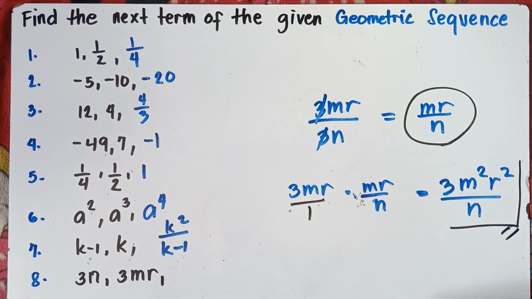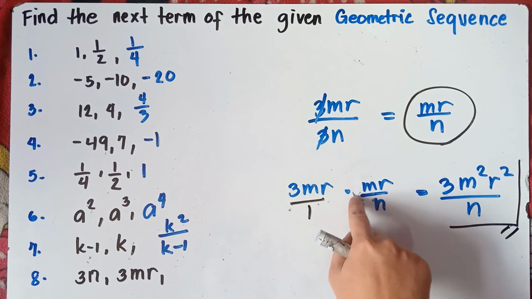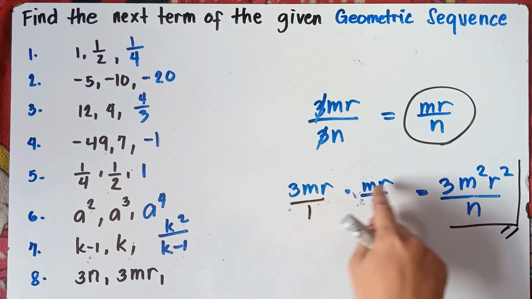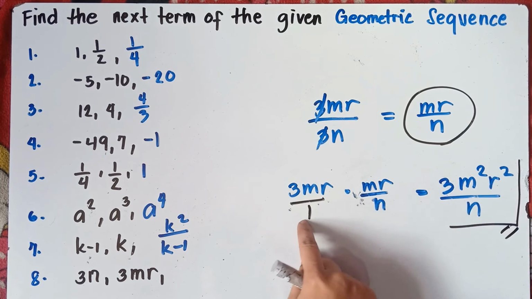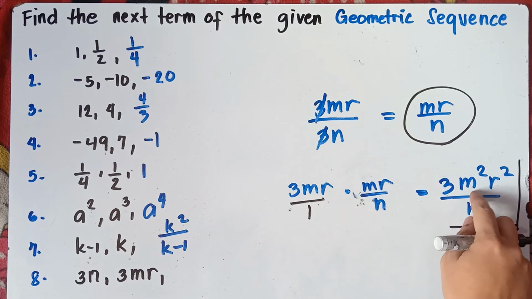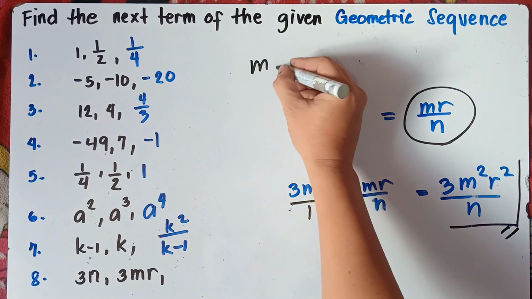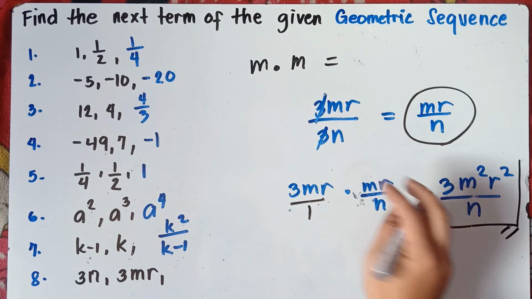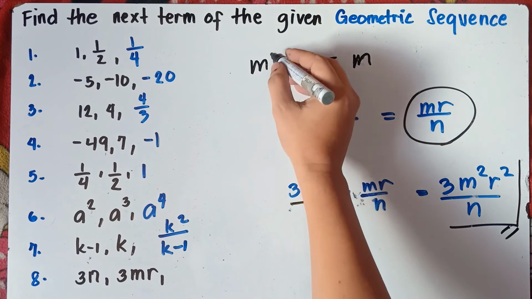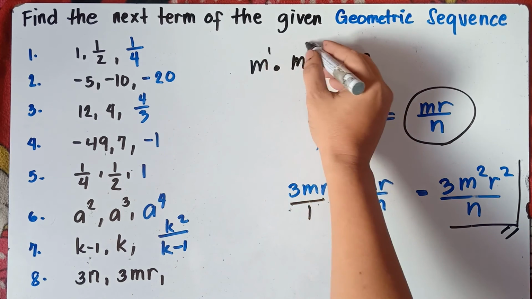Alright, so 3 times 1, there's 1 here, so that would be 3. M times m is m squared. R times r is r squared. Then 1 times n is n. Once again, if you're confused, how did I get m squared? That would be m times m. Once again, if they have the same base, copy the base. Then understood, class, that any variable has an exponent of 1.